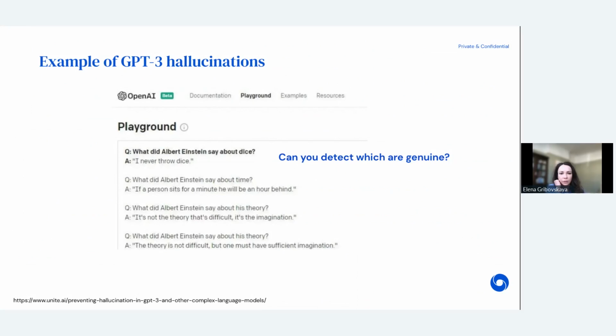The answer sounds plausible, grammatically correct and fluent. But do you think any of these citations are genuine? Again, it's hard in webinar format. The answer is no. None of these citations actually belong to Einstein, and this is an example of model hallucinations.